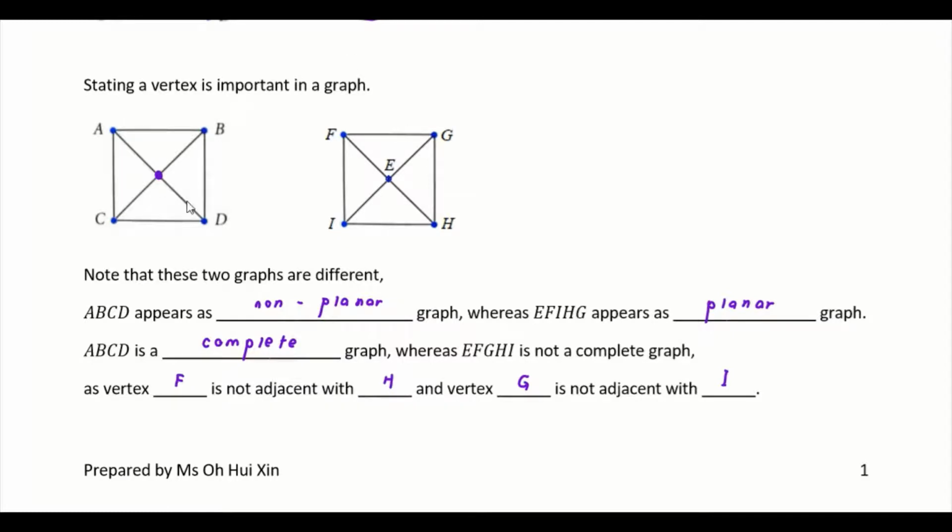But like what I said just now, if you are planning on something like building electric cable, and these are the four poles that you have, you can't just add anything as you want, right? So the connection must still be the same, but you can try to draw it in another way. Okay, so now let's move on to the example and try to redraw some of the graphs.